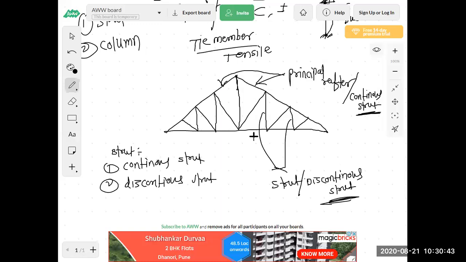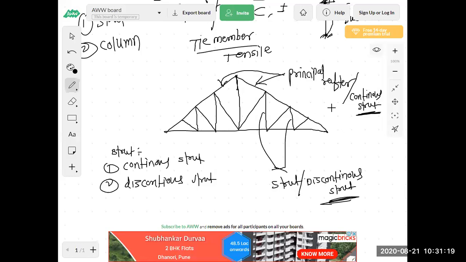So what is meant by continuous strut and what is meant by discontinuous strut? I have explained the definition, but we will see again. The principal rafter, which we call a continuous strut, is a compression member used in a roof truss, continuous over a number of joints.